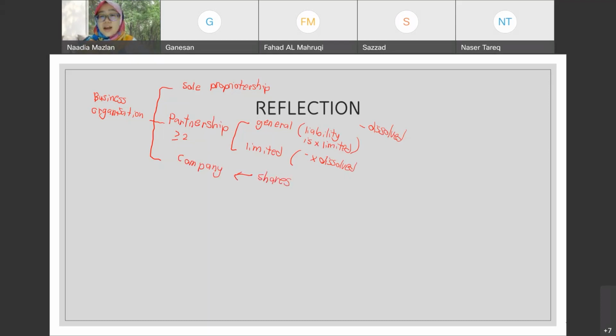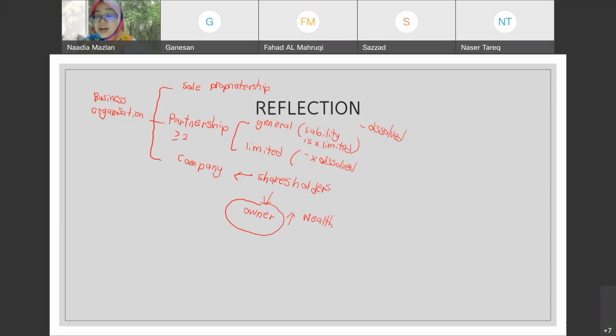A lot of people buy shares and they can become the owners of the companies. All these shareholders become the owners. And the purpose of any company is to increase the wealth of the owner.